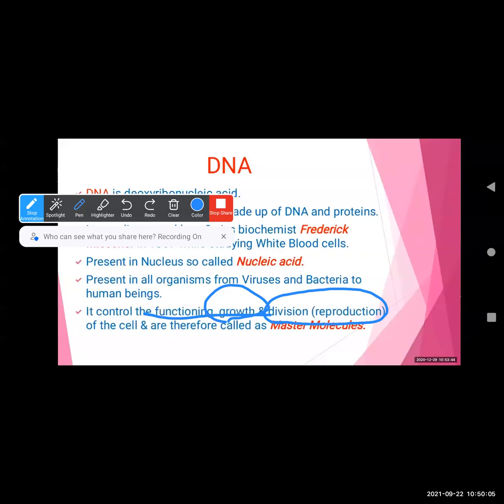So that means the whole control of the cell is done by DNA. So that is why it is also called as the master molecule, right? So it controls functioning, growth, and division of the cell, and is therefore called as the master molecule.